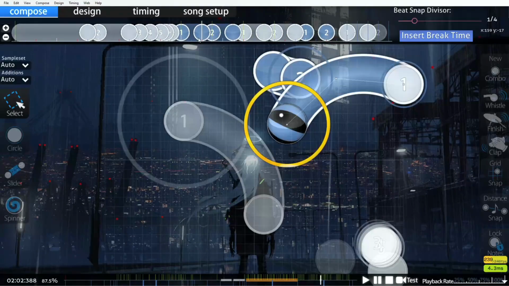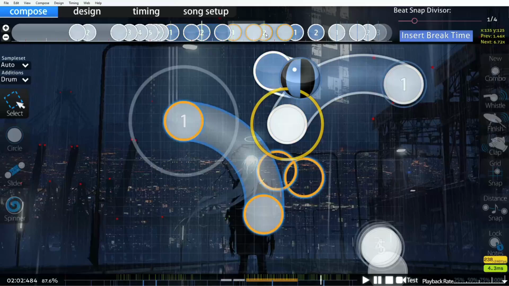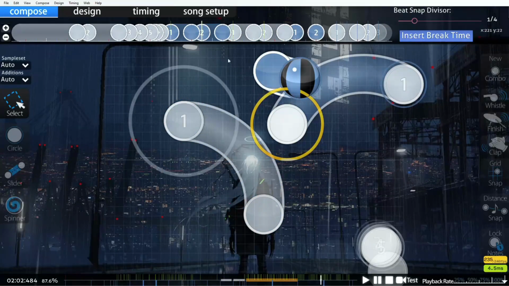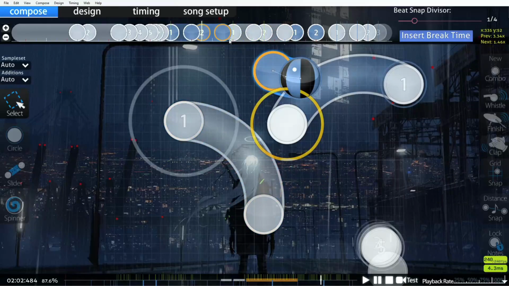Here it's a pretty simple idea. Fast into slow slider. Really feels like you're feeling the sound because of how slow this slider is.